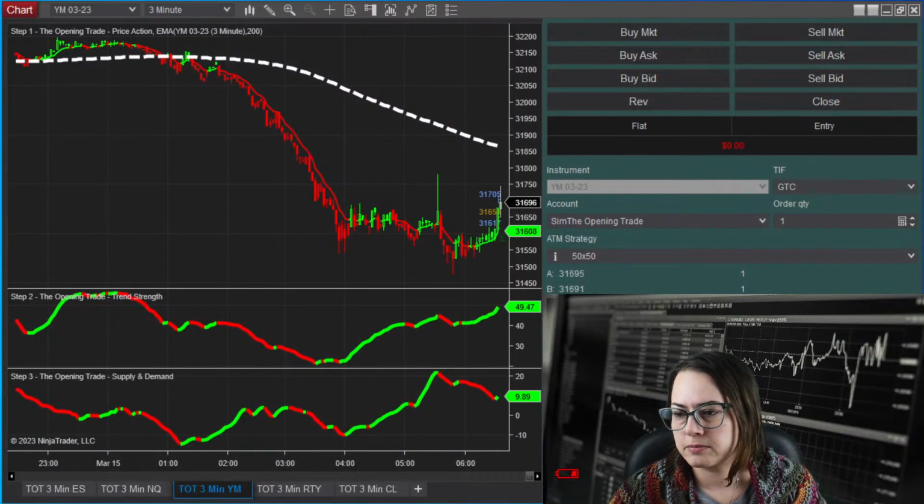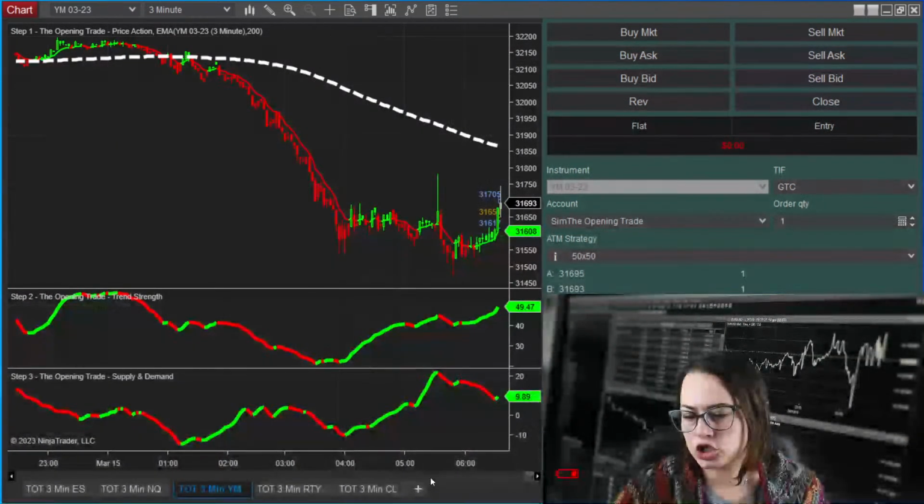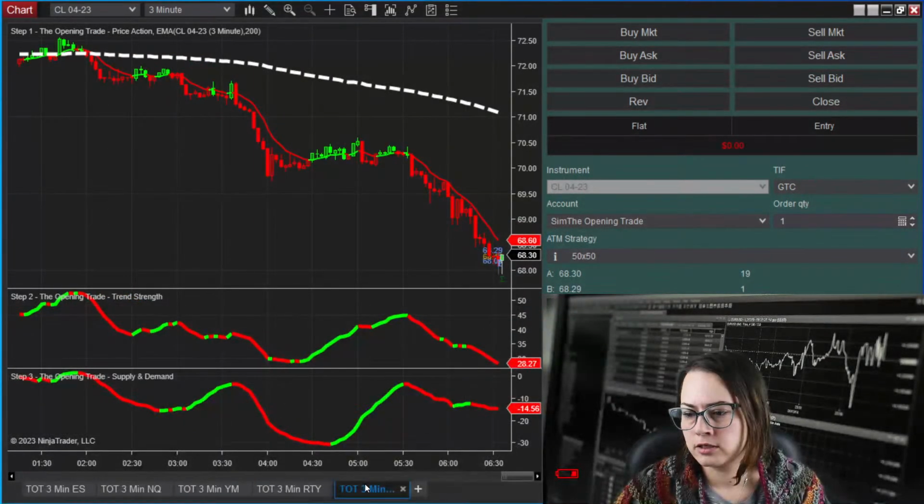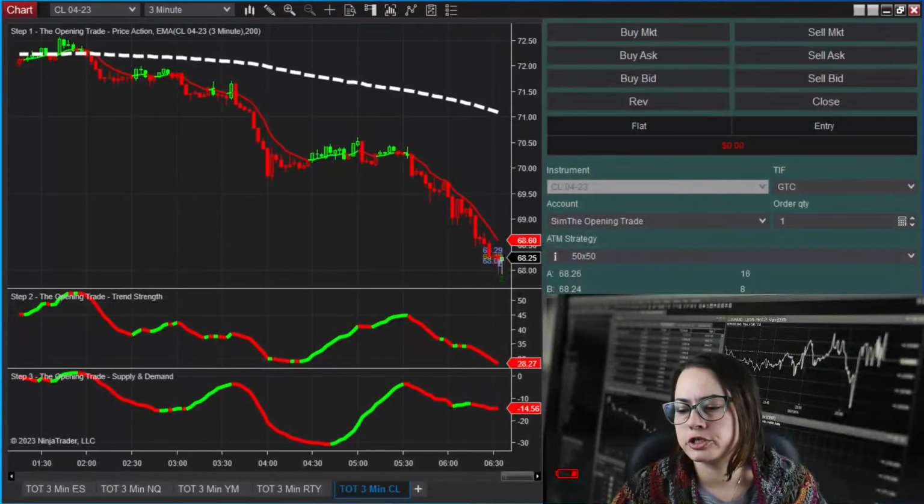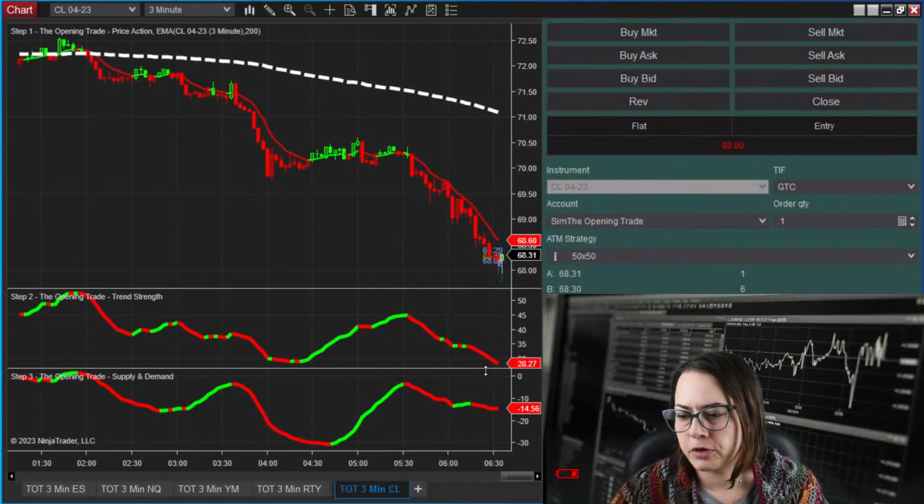So we have less than a minute here. Let's just check the crude again. Okay, so we've just been watching the crude fall further down below the 200 period EMA. And we see that this box is red and this box is red.